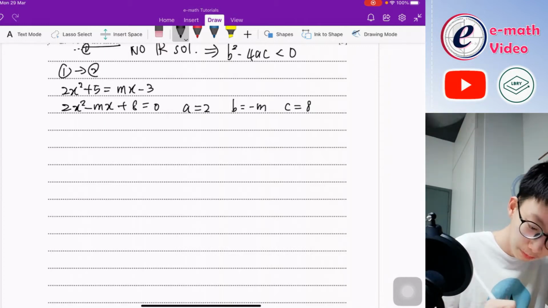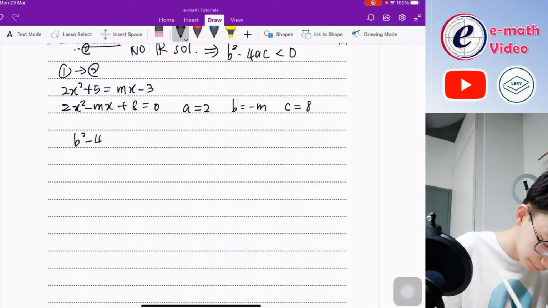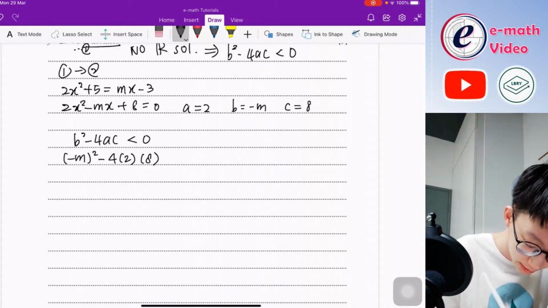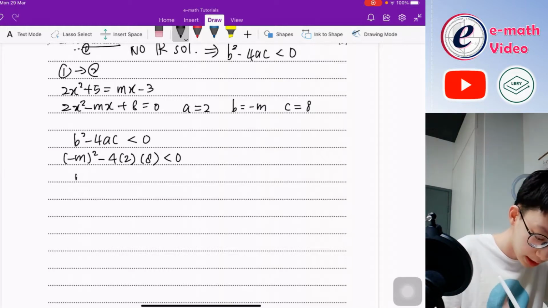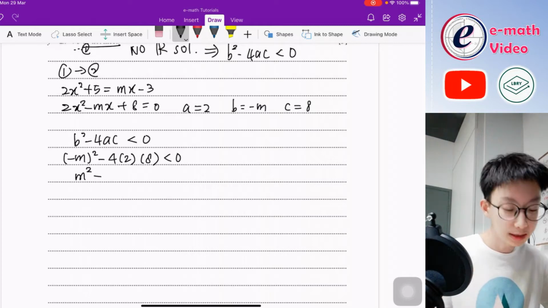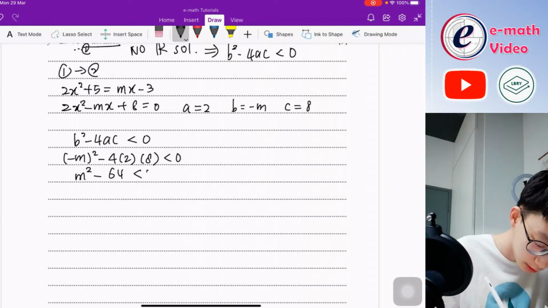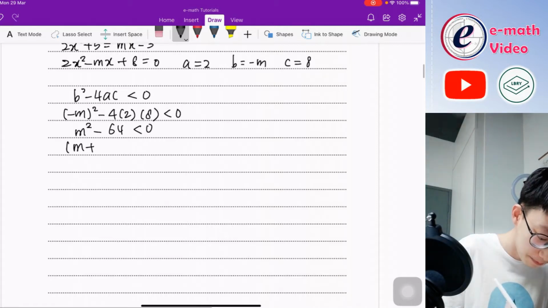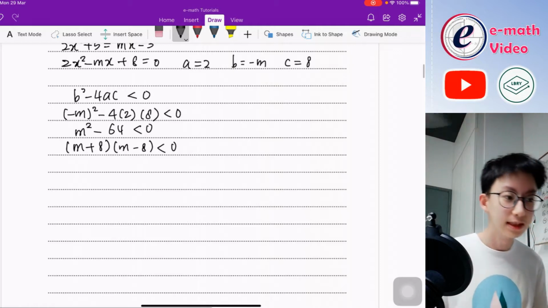I will now put my b squared minus 4ac smaller than 0: negative m squared minus 4 times 2 times 8 smaller than 0. This is m squared minus 64, since 4 times 2 is 8, and 8 times 8 is 64, smaller than 0. So obviously, this can be written as m plus 8, m minus 8 smaller than 0.